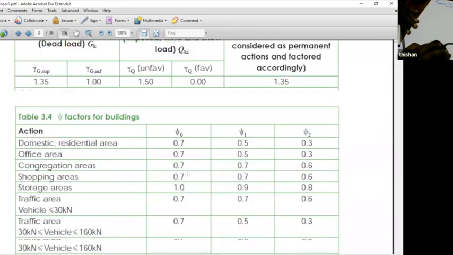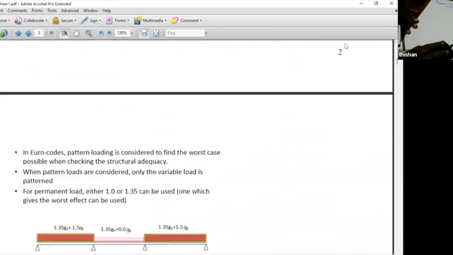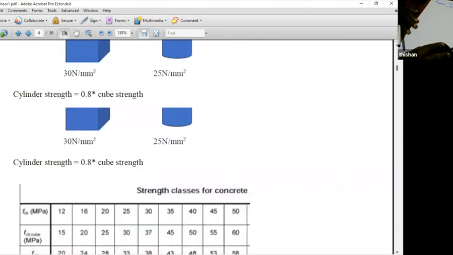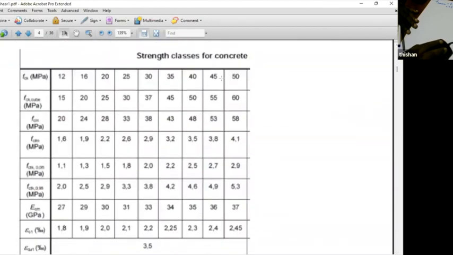So this is something that I used earlier, and you can see this particular information. Now here you can see it's a cube strength. So this is the cube strength going up to 60, and this is the cylinder strength.